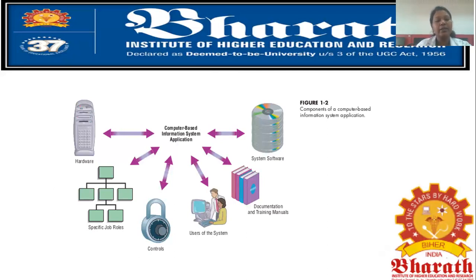Everything comes under hardware. System software means operating systems and compilers, like Windows, what kind of OS can be updated, what kind of compilers can be used, different types of software. Everything comes under system software.